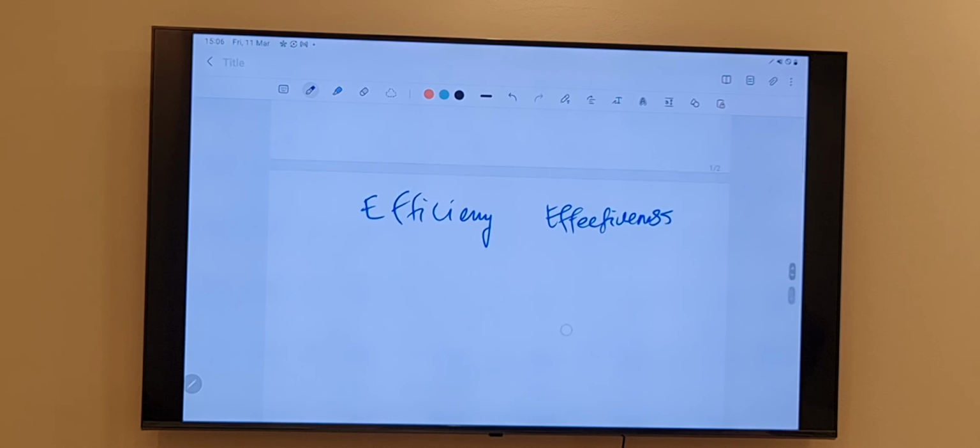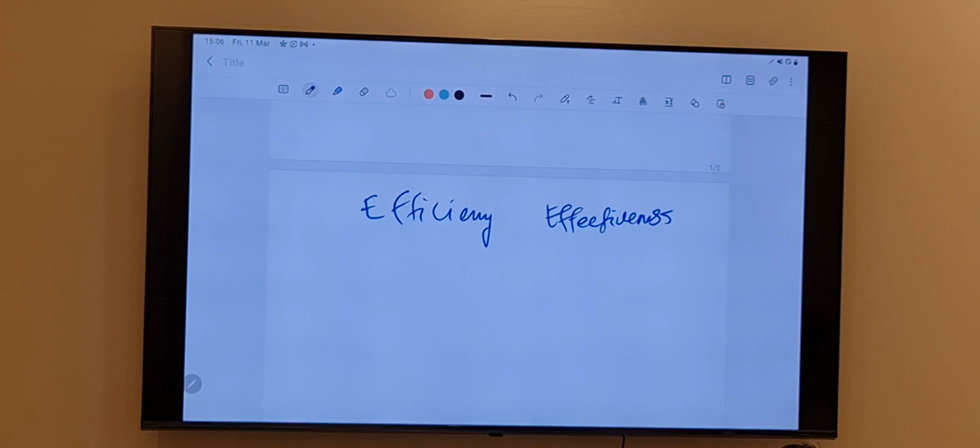Can anyone tell me what is efficiency? Capable. Efficient is skills. I think hassle-free. There's a definition for this by one theorist.